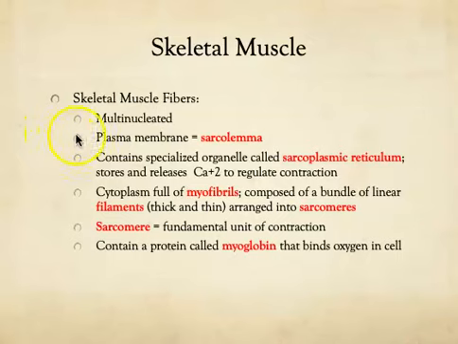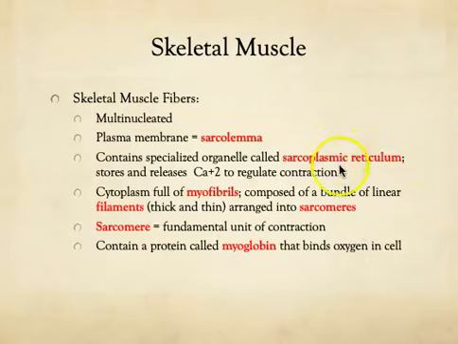The plasma membrane that surrounds a muscle fiber is highly specialized, so it gets a name. We call it the sarcolemma. Anytime you see this term sarco, that relates to muscle. Inside the muscle fiber, there is a specialized organelle called the sarcoplasmic reticulum.